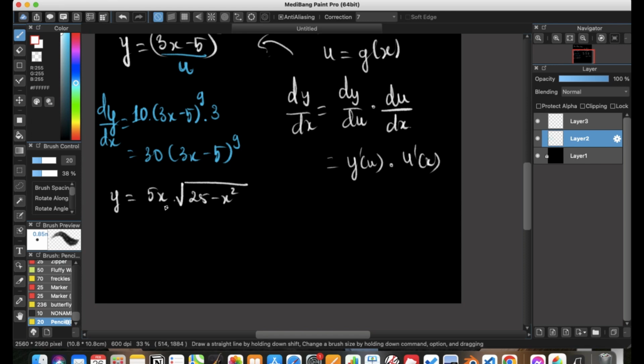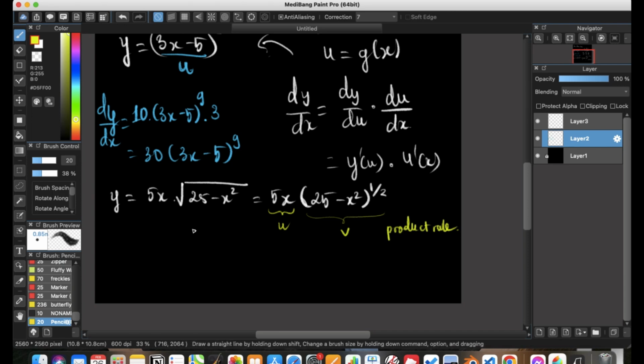Here, I'm going to rewrite this like this, right? Writing in this form will be much easier for me. Now I'm going to treat these two as different functions, so this is u and this is v. First, we're going to have to apply the product rule, right?